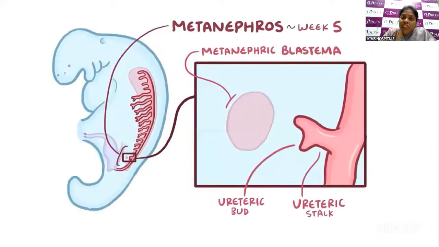During this time, there is also development of the metanephros, so at one point the mesonephros and the metanephros both exist at a similar phase. At the metanephros, there is a metanephric blastema, which is from the intermediate mesoderm.